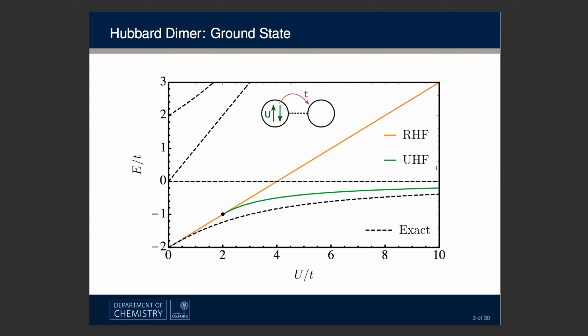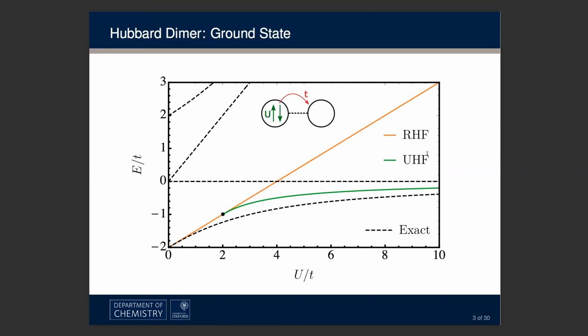What you can see is that the restricted Hartree-Fock solution is the Hartree-Fock ground state at small correlation values, and this is exactly where we know that Hartree-Fock performs well. But as we go towards larger correlation, we see that the unrestricted solution becomes the lowest energy. And this unrestricted solution doesn't even exist below U over T equals 2. This is what we call our Coulson-Fischer point in the H2 molecule.